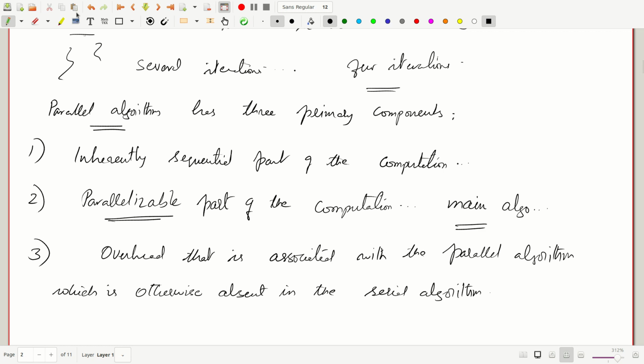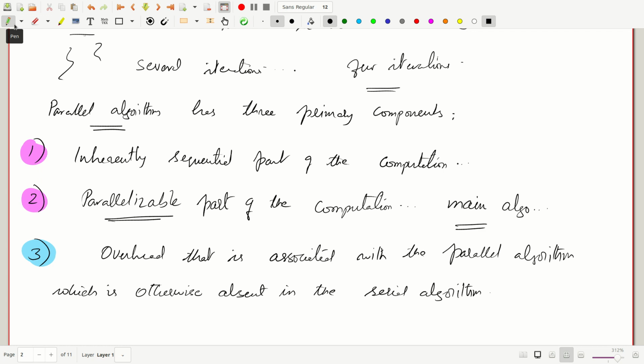So essentially, out of these three, what we realize is that the sequential part and the parallelizable part are also there in the serial algorithm as well. The only thing is that the parallel part will also be run in serial, whereas the overhead is associated only with the parallel algorithm, and it is not there in the serial algorithm. Okay, so that's what we realize.